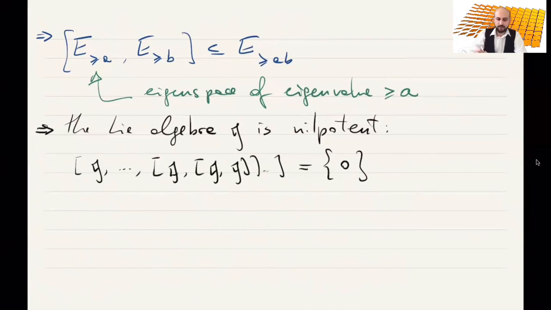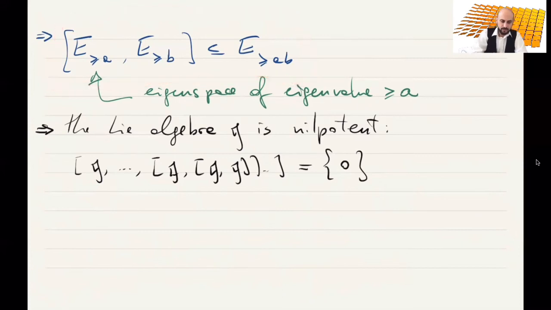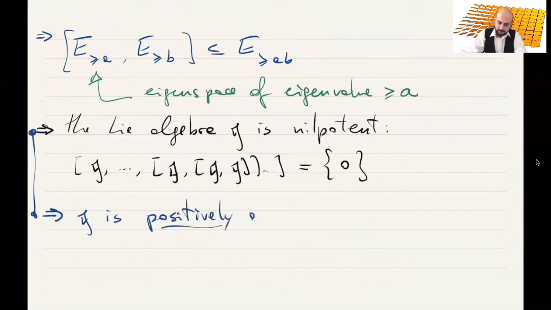Actually, more is true because of this formula here. One can prove that not only this property holds, but also that G is what's called positively graded.